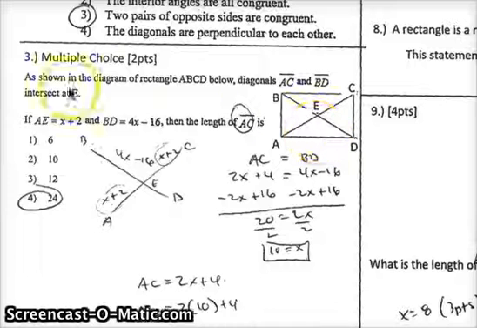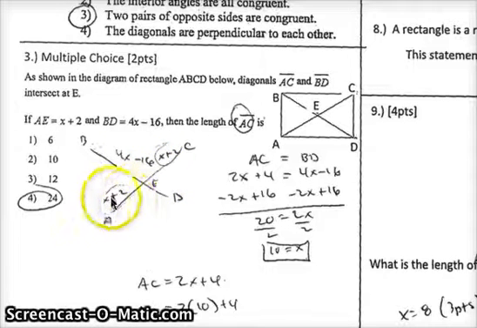Question number 3 is shown in the diagram, rectangle ABCD below. Diagonals AC and BD intersect at E. So in a rectangle, we know that the diagonals are congruent. Now, I drew here AE is x plus 2. Well, if you know a rectangle is also a parallelogram, the diagonals also bisect, which means that these two have to be the same.